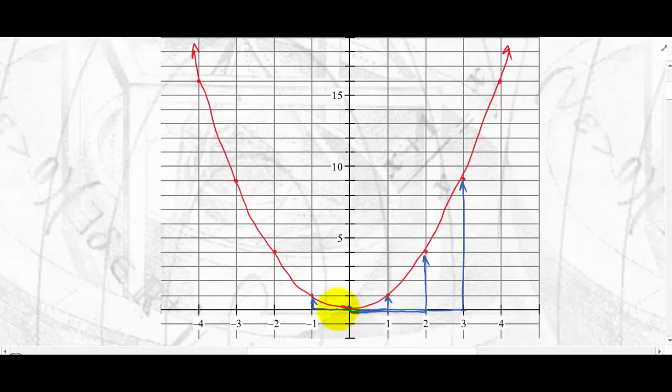In any direction, if you move 4 away from the vertex on the left, you will still go up 16 units. So there's a slight shift in language. Instead of saying at negative 2 the output is 4, I'm going to say if I move 2 away from the vertex in either direction, I will go up 4 units.